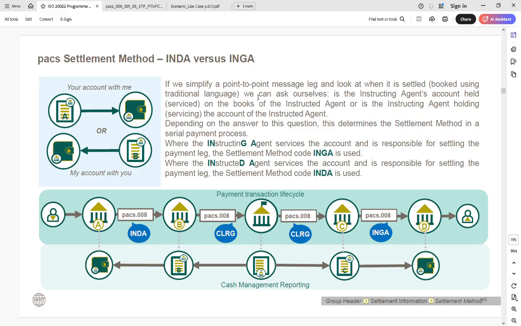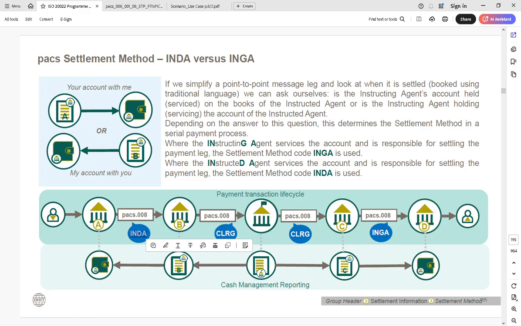So in the settlement books, using traditional encoding, held on the books of the instructed agent, holding the account of the instructed agent here. When your statement holder is getting services from your account holder, from that point of view it is your instructed agent. On the opposite side, your instructed agent is INDA.